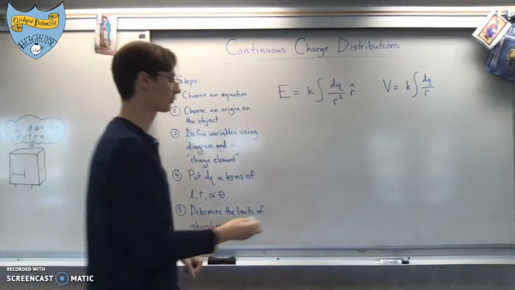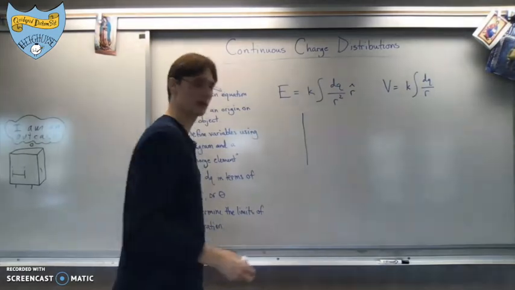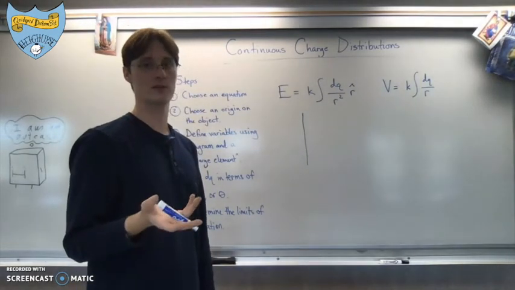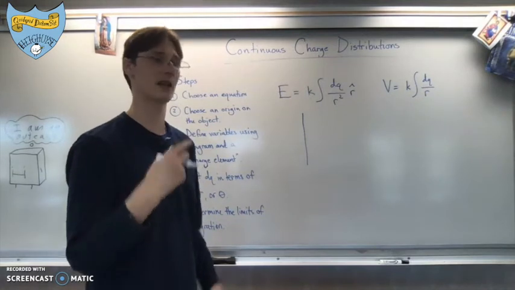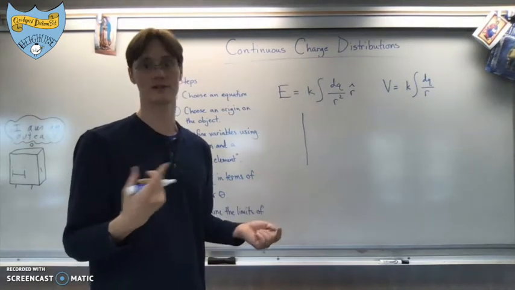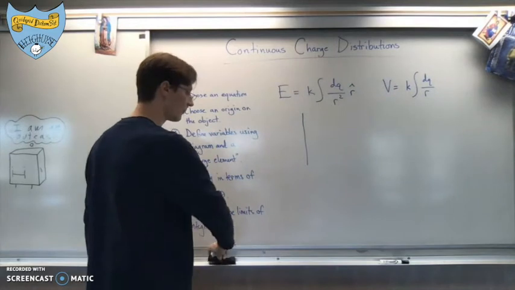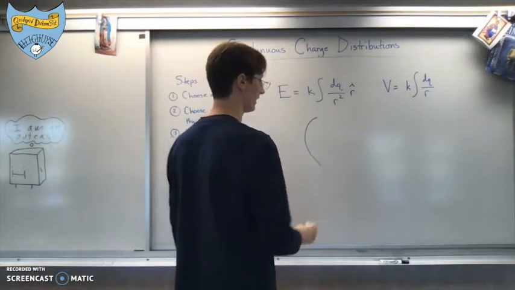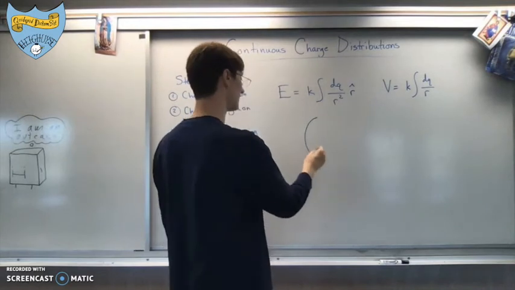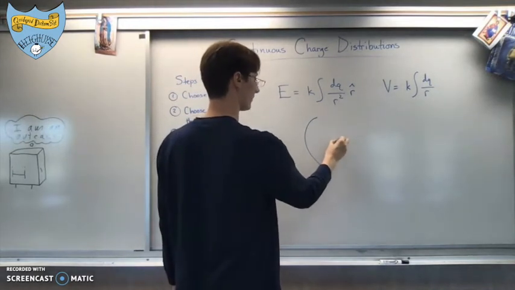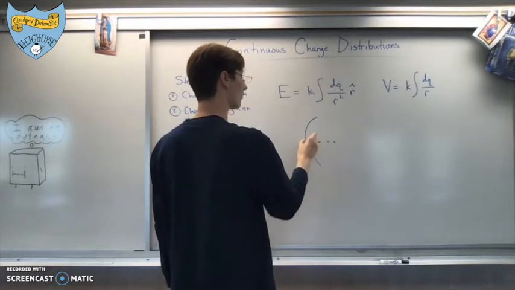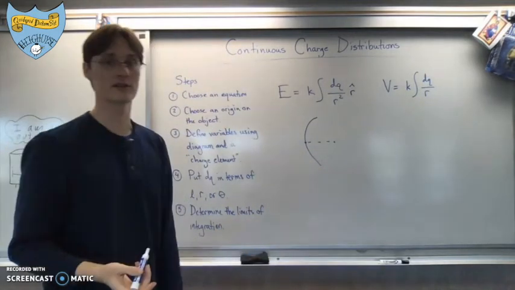If it were a linear charge distribution like we used in the intro, these ones are a little bit harder to pick an origin for because it depends where exactly you want to find the electric field. Most of the time, though, what we'll be doing is using a curve, right? And so for something like this, if you want to find the field, say, there, you would pick an origin right there in the middle of the object.